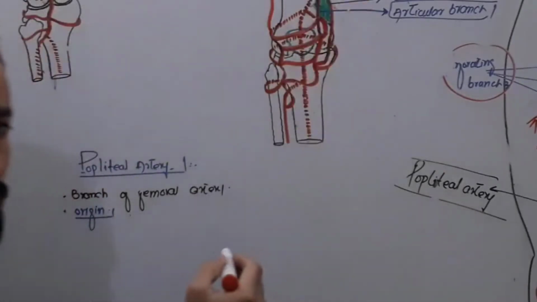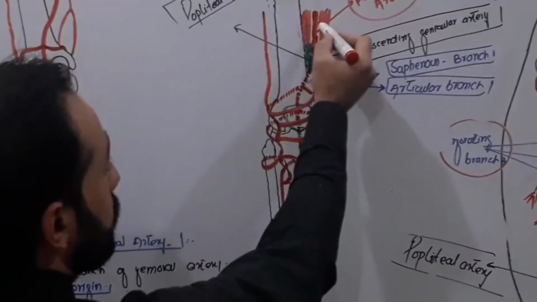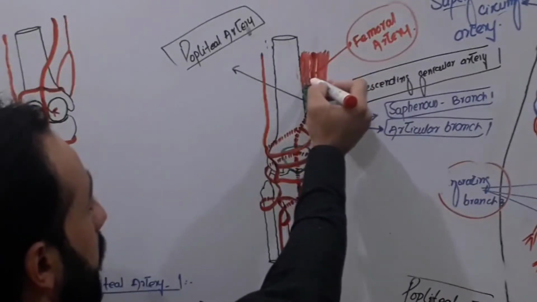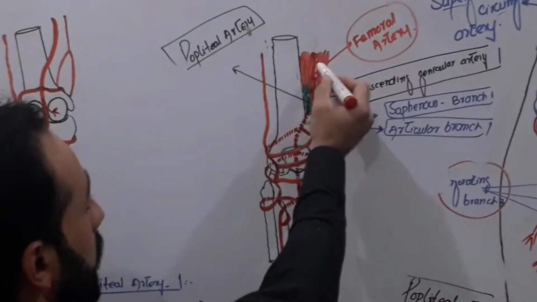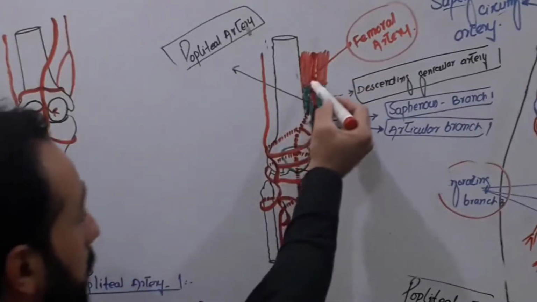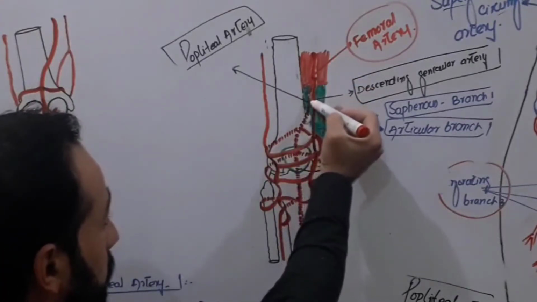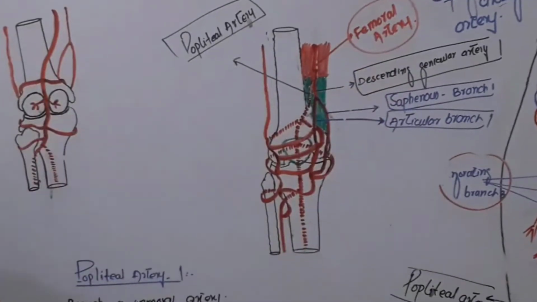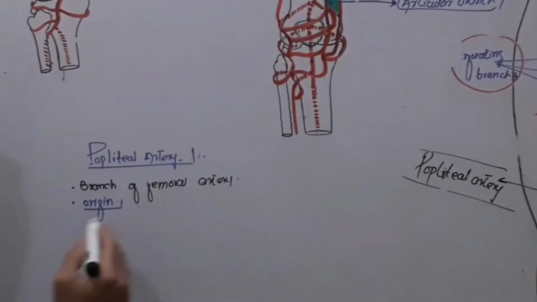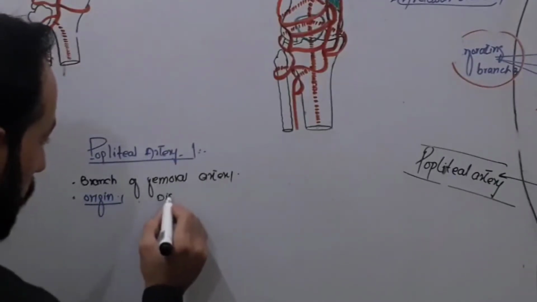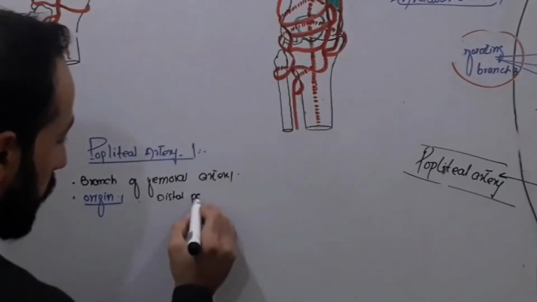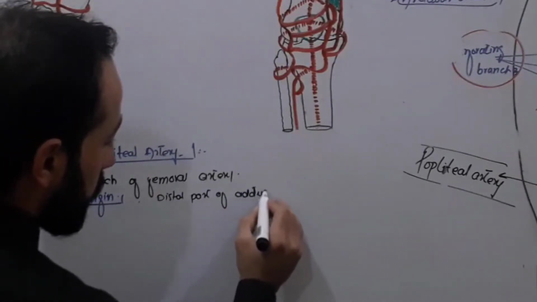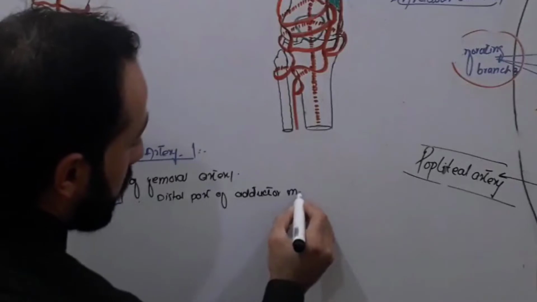As you can see, friends, this is our adductor magnus muscle. At the lower end of this adductor magnus muscle, this artery bifurcates from the femoral artery. So it arises at the distal part of the adductor magnus muscle.